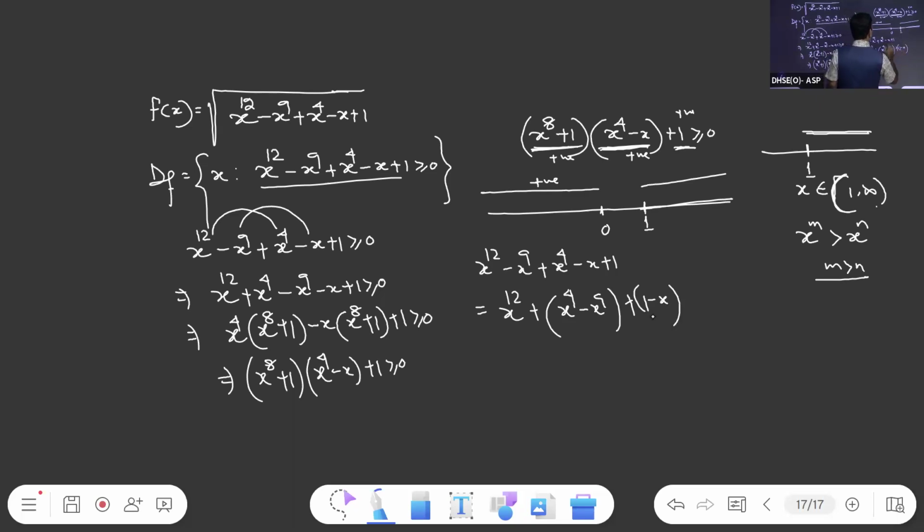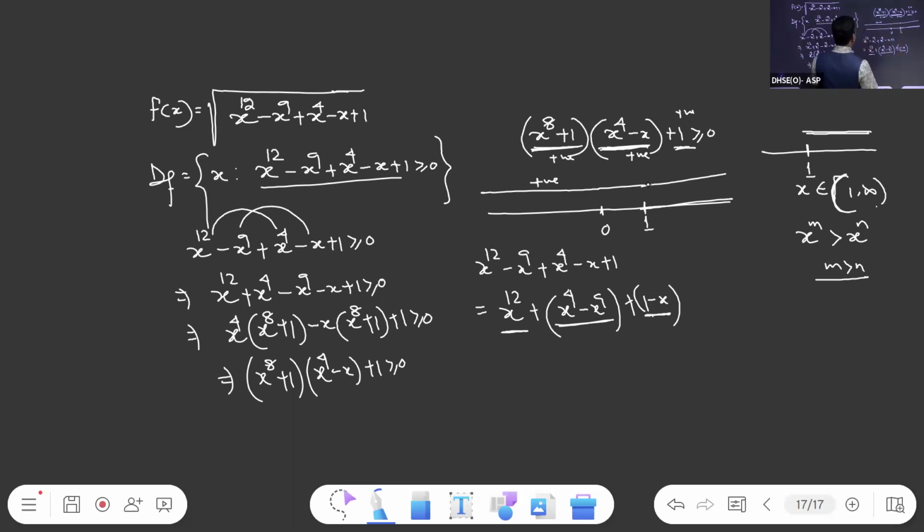Right? When x belongs to the interval 0 to 1, a higher power of x will give you a lower value. So x to the power 4 is greater than x to the power 9. x to the power 4 minus x to the power 9 is positive. x belongs to 0 to 1 means 1 minus x is positive, and x to the power 12 is always positive. So in the interval 0 to 1 also, the expression is positive. Okay.